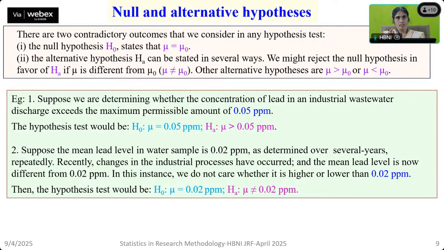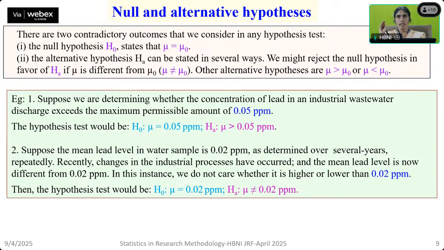Then the hypothesis testing should be done for all those cases wherein the mu value is greater than 0.05 ppm, so that you can decide whether this industry is following the condition of limiting the lead content in the water to less than 0.05 ppm.